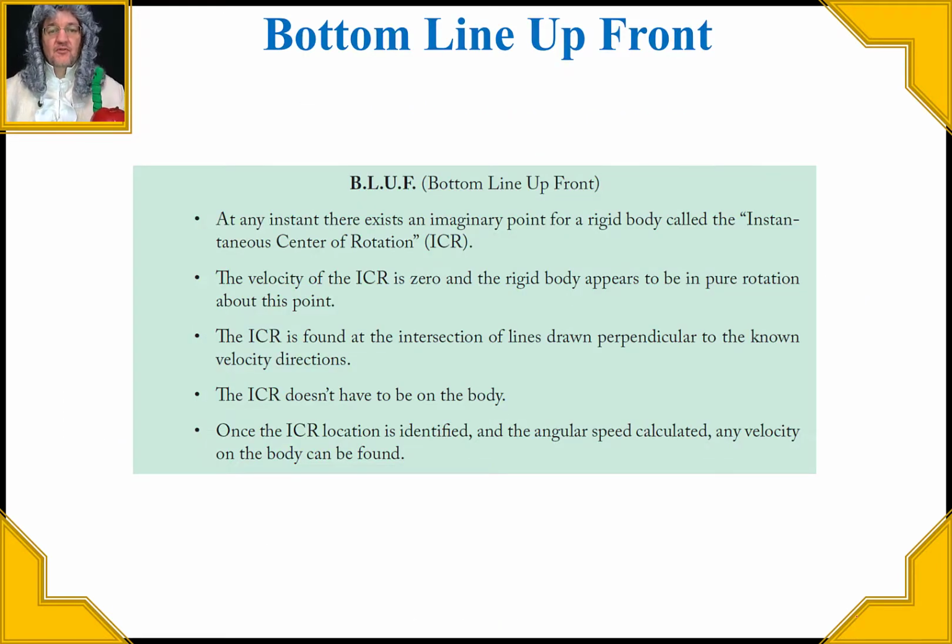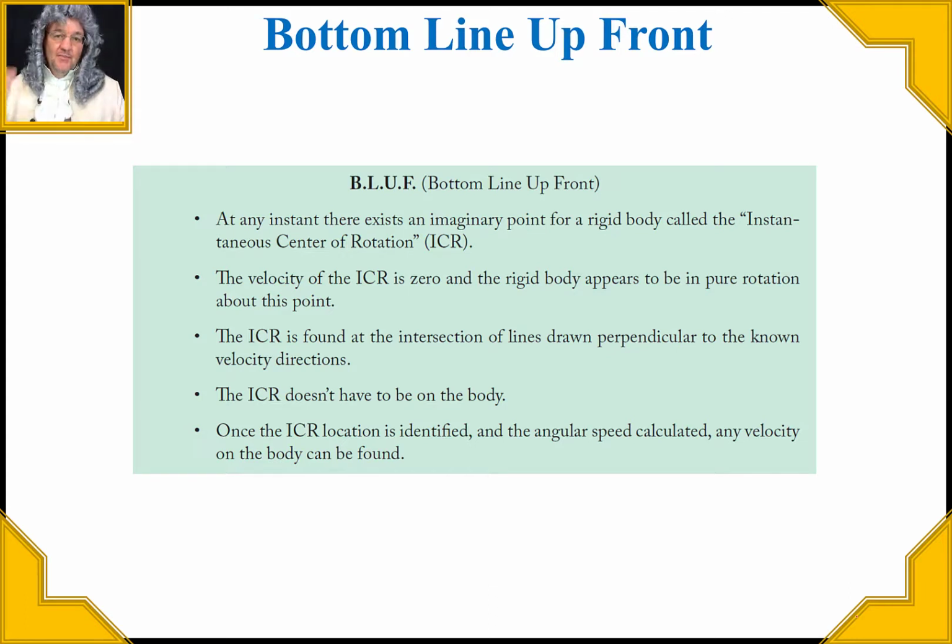So the bottom line up front: at any instant, there exists this imaginary point for a rigid body called the instantaneous center of rotation. And it appears that, about that point at that instant, the rigid body is rotating about that point, right? It's found from the intersection of lines that are drawn through the points and perpendicular to the velocity.